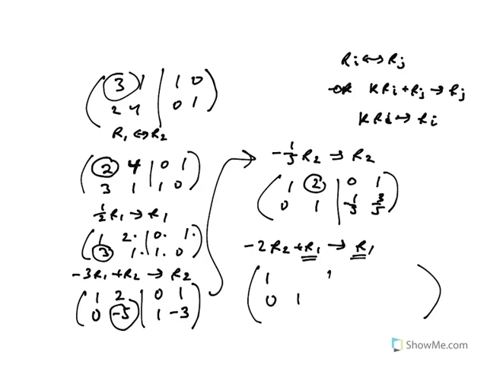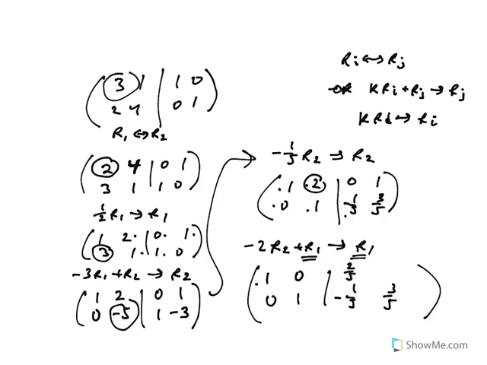So the second row doesn't change at all. But the first row, you do negative 2 times 0 plus 1 is still 1. Negative 2 times 1 is negative 2, plus 2 is 0. Negative 2 times 1/5 is negative 2/5 plus 0 is negative 2/5.